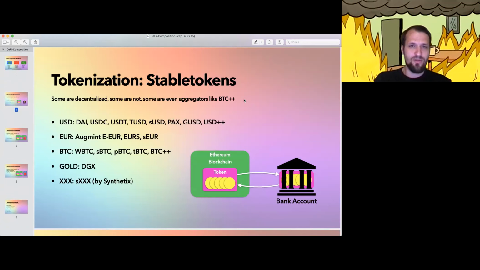I can give you a clue about this. You can swap any synth to any synth with zero slippage, but with a fixed fee. I don't remember, maybe 0.3% or 0.2%, but you will have zero slippage on any amount, because they burn your source synth asset and mint your destination synth asset at the current price from the oracle.